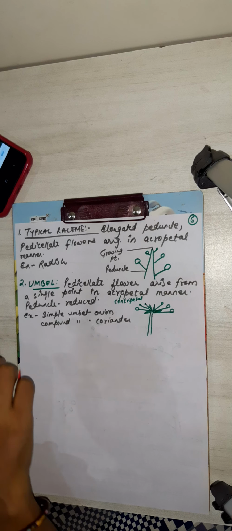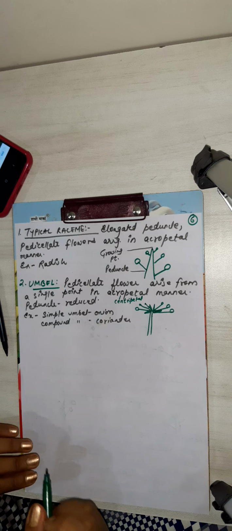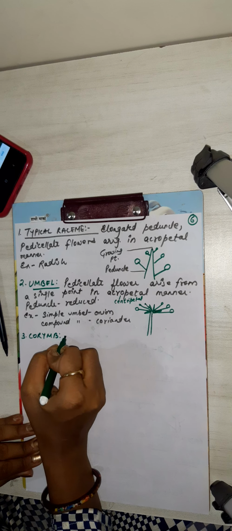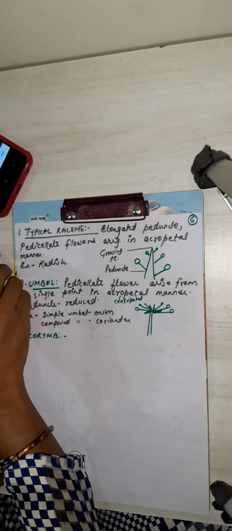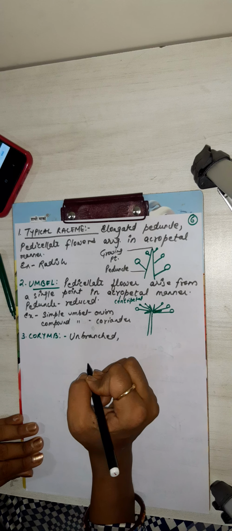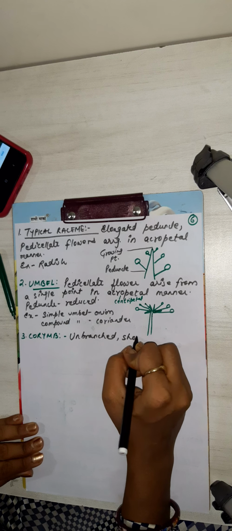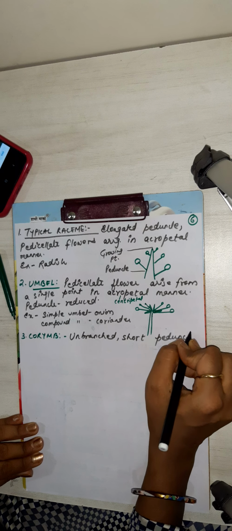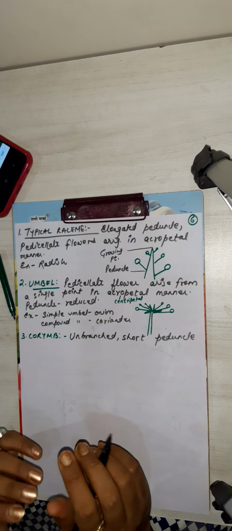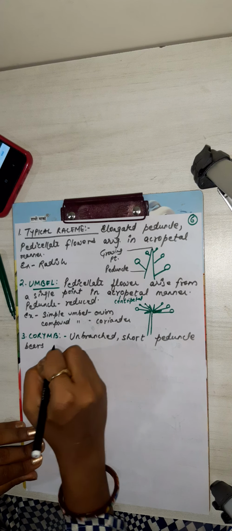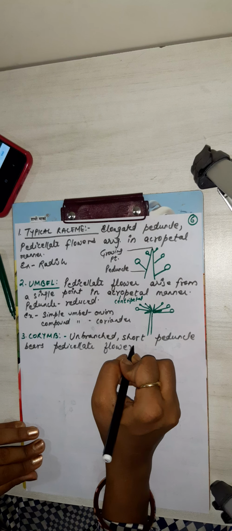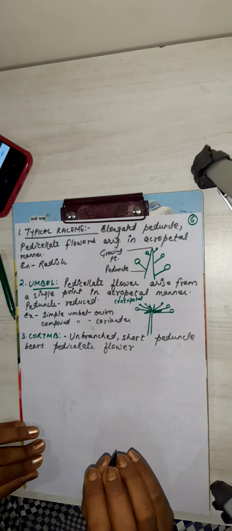Next, discuss corymb. It is unbranched. Peduncle is short, and it also bears pedicellate flowers, and they are in an acropetal manner.